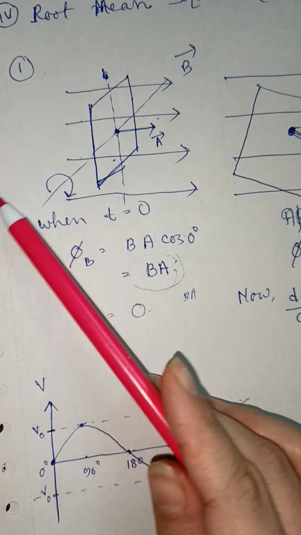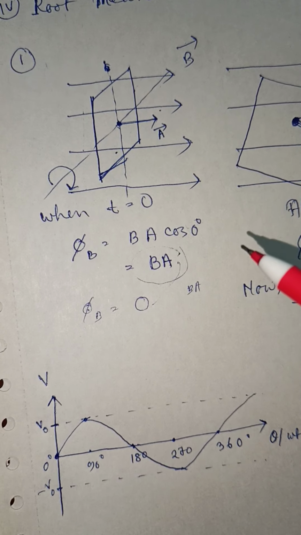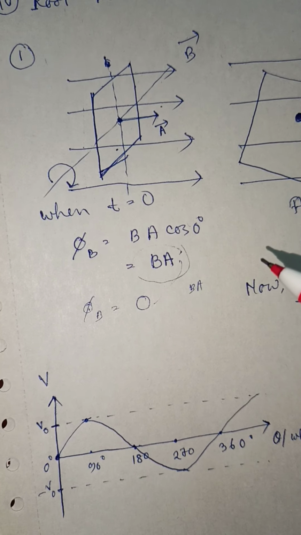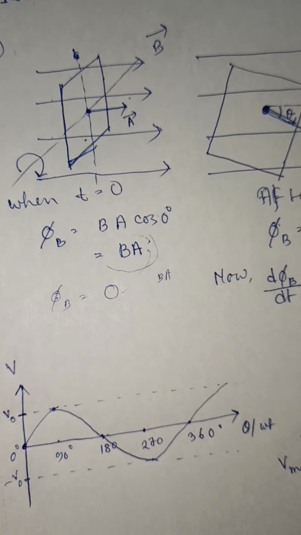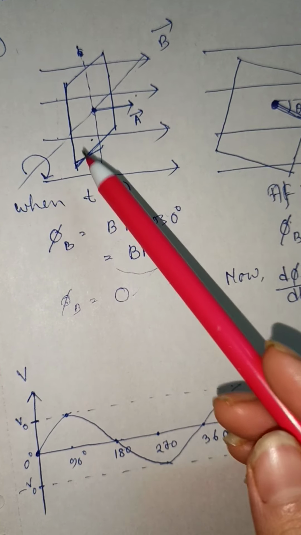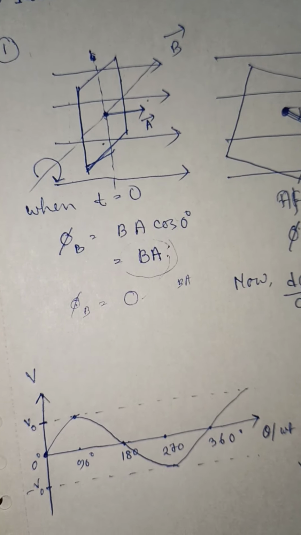When the loop rotates another 90 degrees, the total angle will be 180 degrees, right?